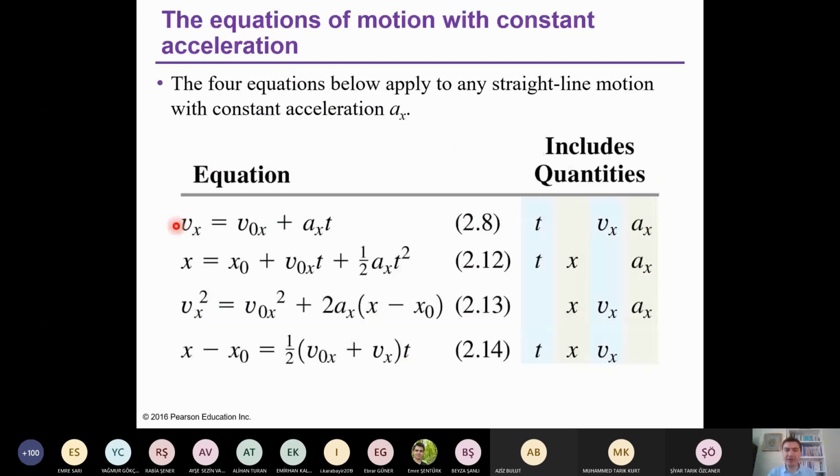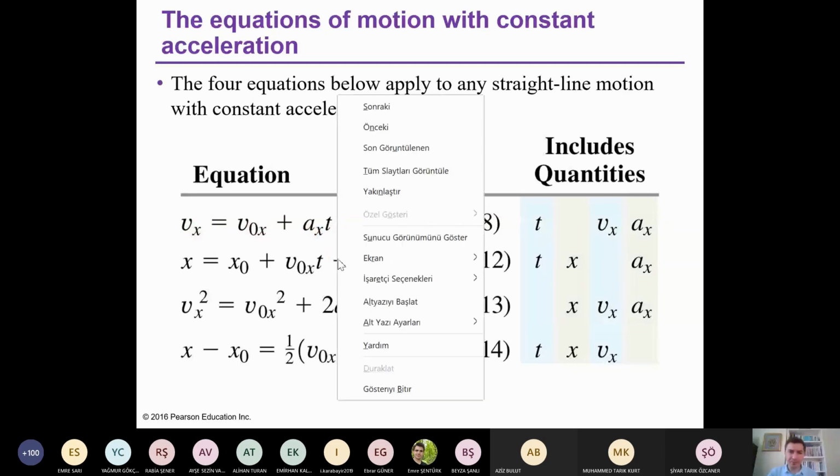What do you have here? a_x. Instead of a_x, you will use g, acceleration due to gravity. If you choose the axis y, then this will be v_y equals v_0y plus g t, like this.